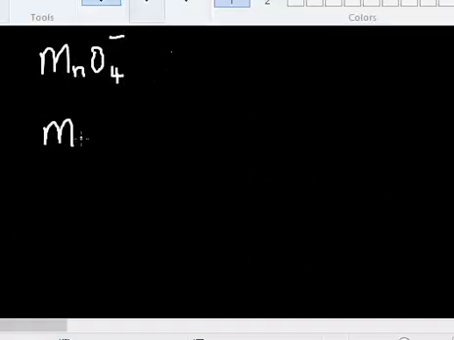So at the reactant, manganese, that's MnO4 minus. So of course, this is an ion. Remember, the oxidation number of an ion, or even a radical, is equal to the charge of the ion, right? So in this case, I'm looking for the oxidation number of manganese, that's Mn.